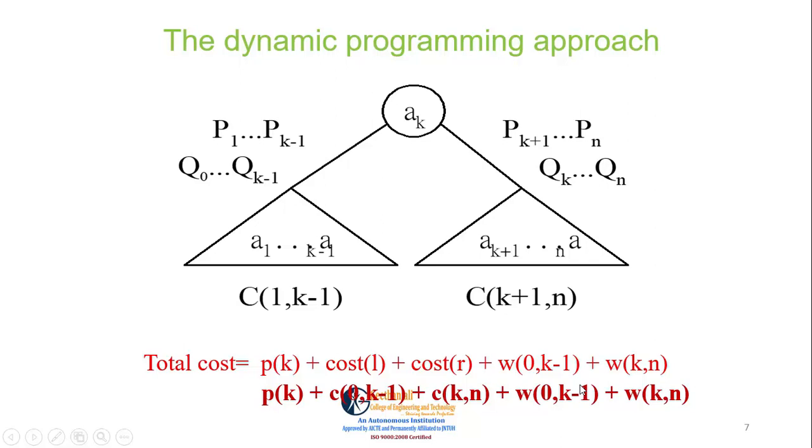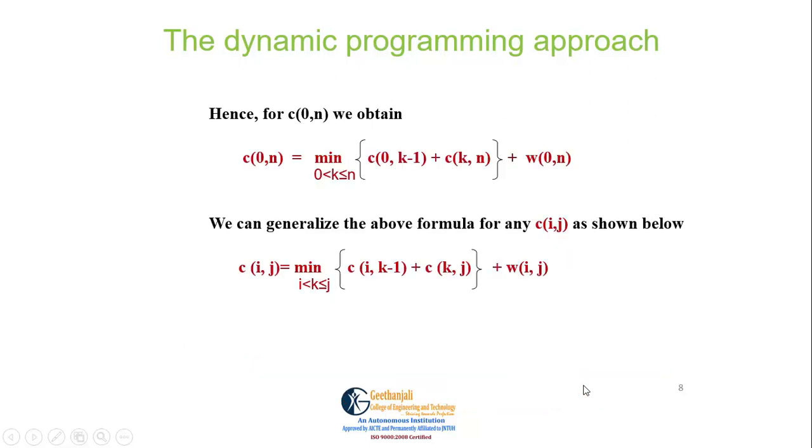Instead of writing W of 0 comma k minus 1 plus W of k comma n plus P of k, you can write W of 0 comma n directly. So that will give the total cost of the tree. That is what I have written here. You can see it here.